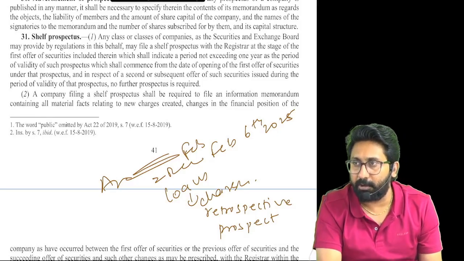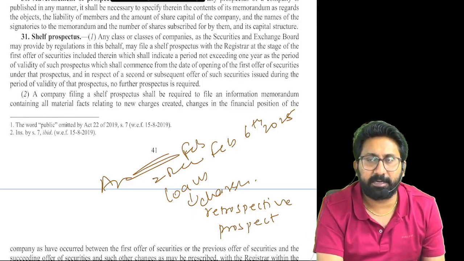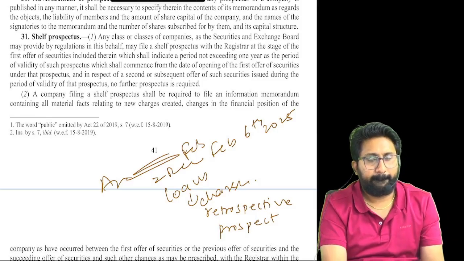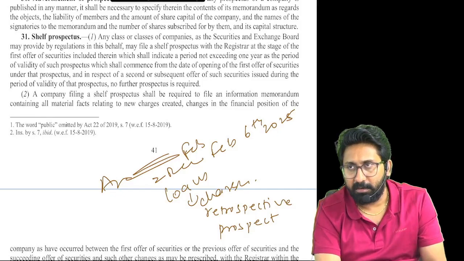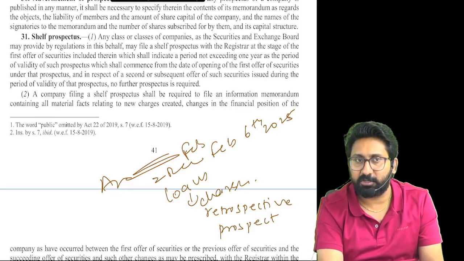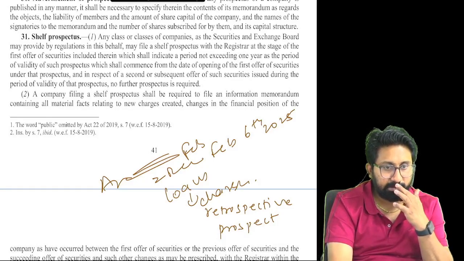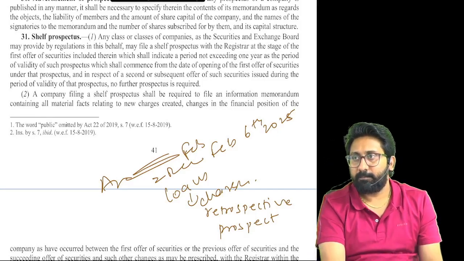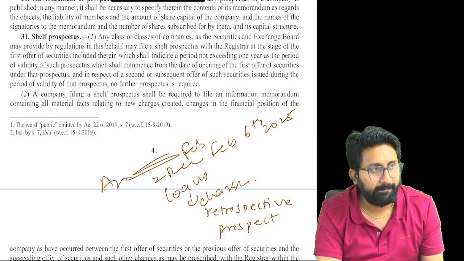Number two. Shelf prospectus is valid for a period not exceeding 1 year from the date of first offer.